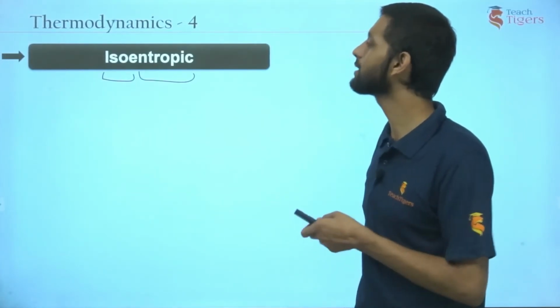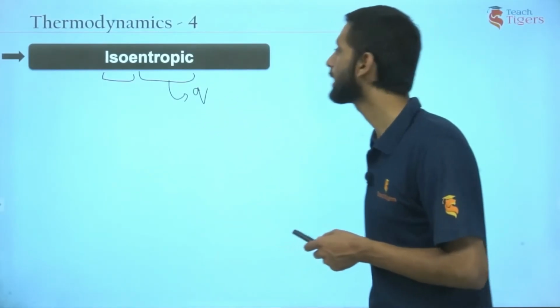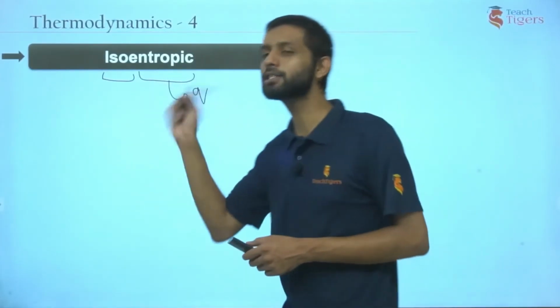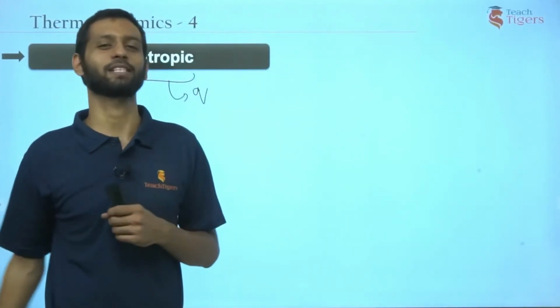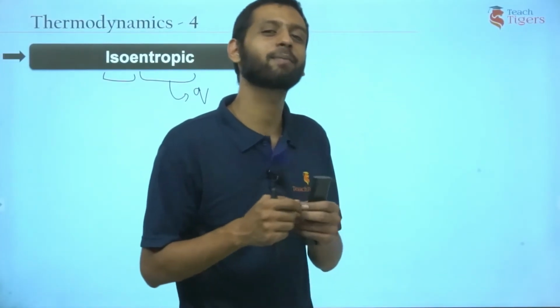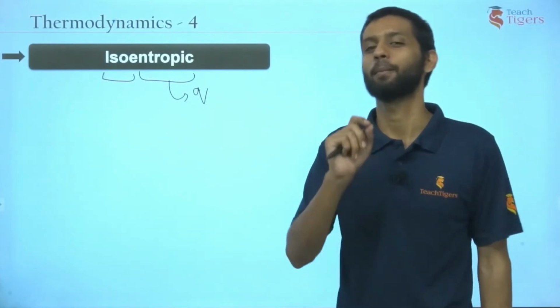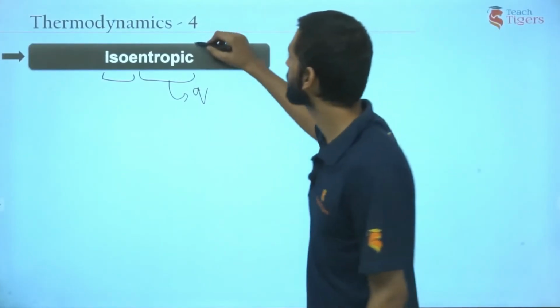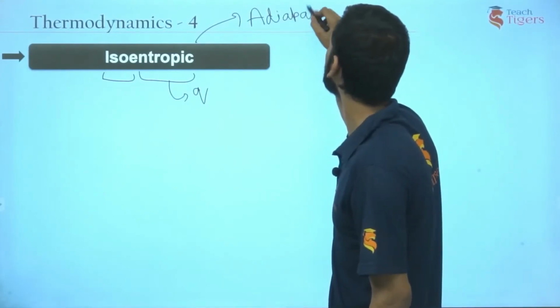And we are going to relate it to heat. Because an isoentropic process is also known as an adiabatic process. There is no transfer of heat during the process. So isoentropic process, another name for this is adiabatic.